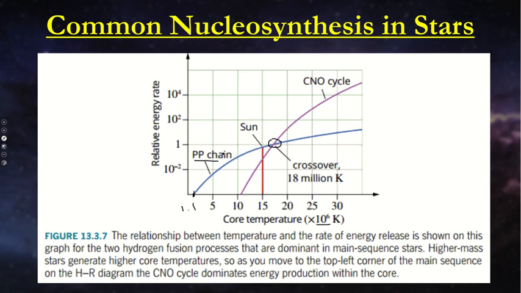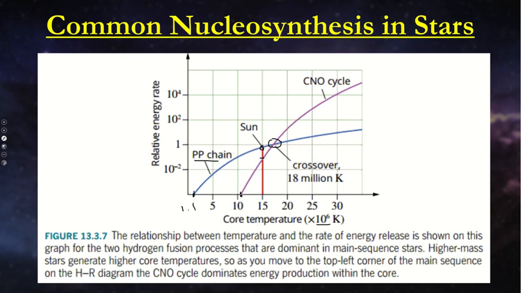It needs to be that hot before the proton chain begins. Our sun is at this point here in its core. Remember, the core temperature is different from the surface temperature, and in our sun we do have the carbon, nitrogen, oxygen cycle occurring, but not as much as the proton chain.